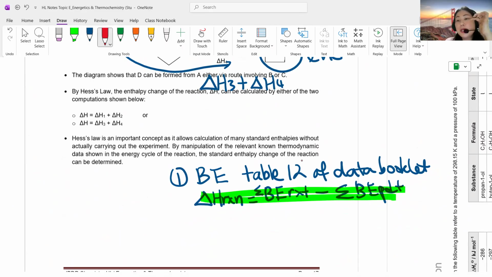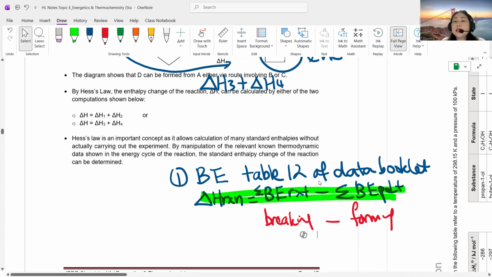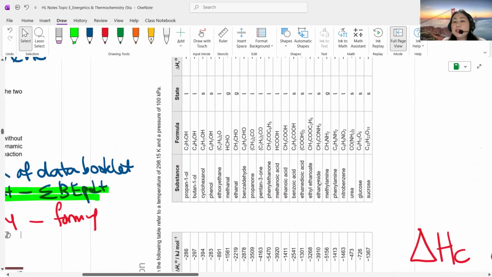So the formula will be bond energy of reactant, which means bond breaking, minus bond energy of product, which is bond forming. So bond breaking minus bond forming. For the bond energy method, we will use table 12 of the data booklet.